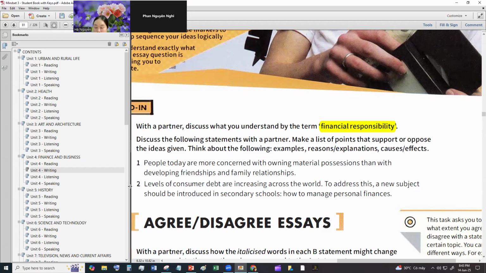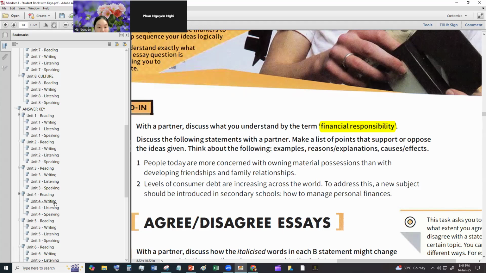Okay, statement number two: levels of consumer debt are increasing across the world. To address this, a new subject should be introduced in secondary schools, how to manage personal finances. So the main idea is a new subject, how to manage personal finances, should be introduced in secondary school. Okay, so that's statement one and statement two.